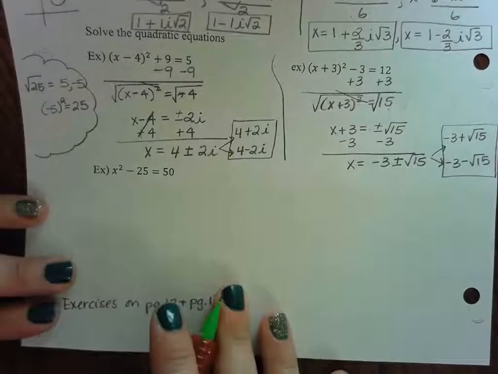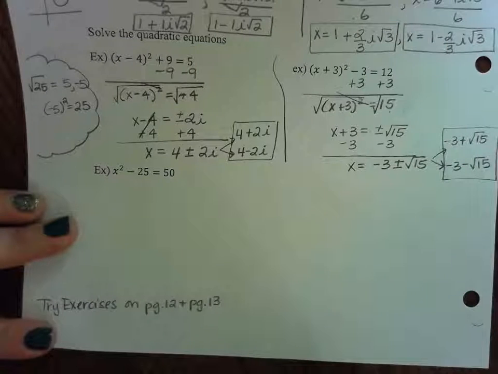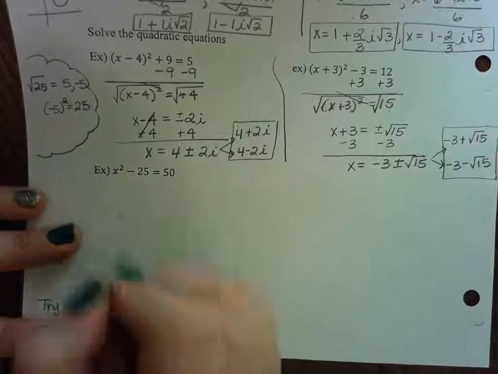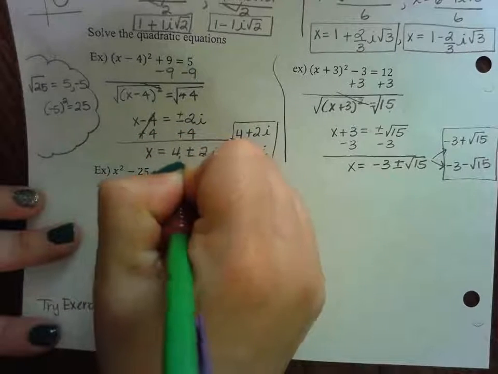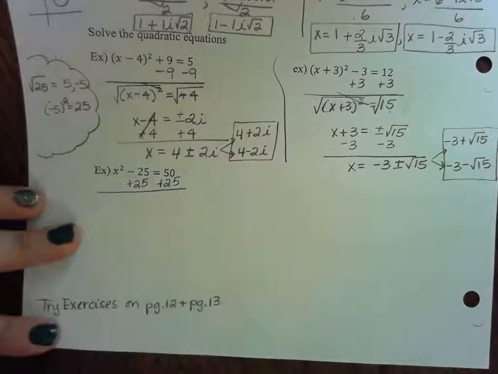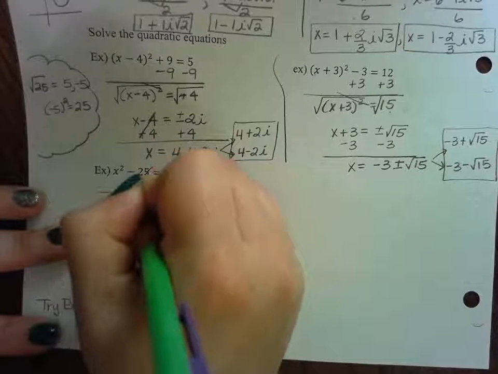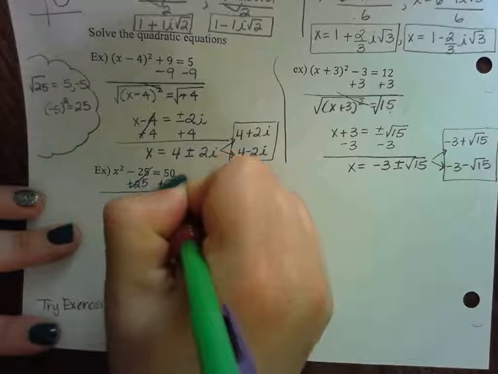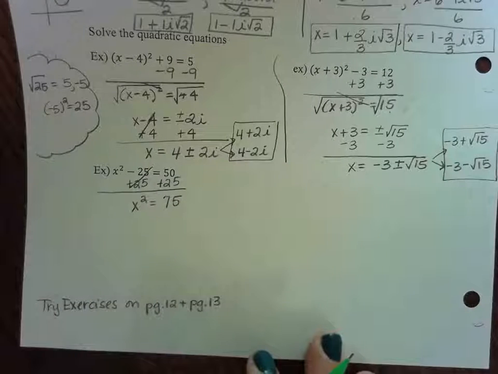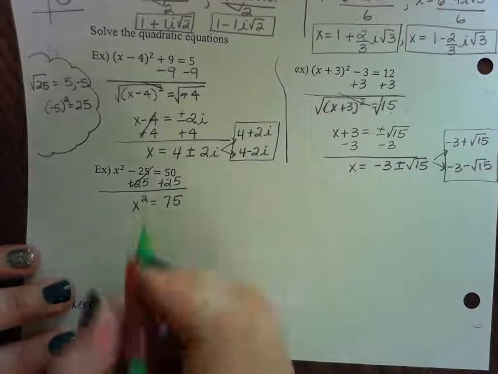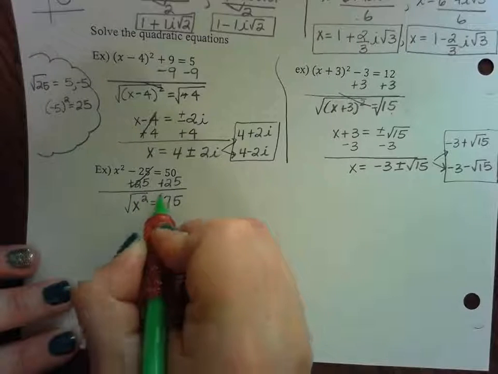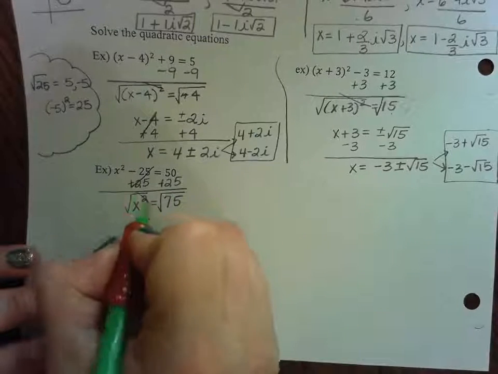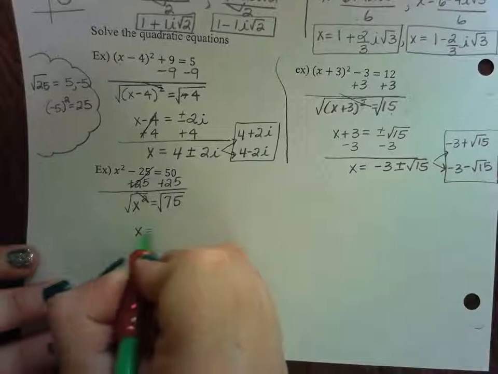Alright, so last example, and then you're going to try exercises on page 12 and 13. Okay, so let's add 25 to both sides. So x squared equals 75. Now you're going to take the square root of both sides. So take the square root of this and take the square root of this. This goes away. You've got x.